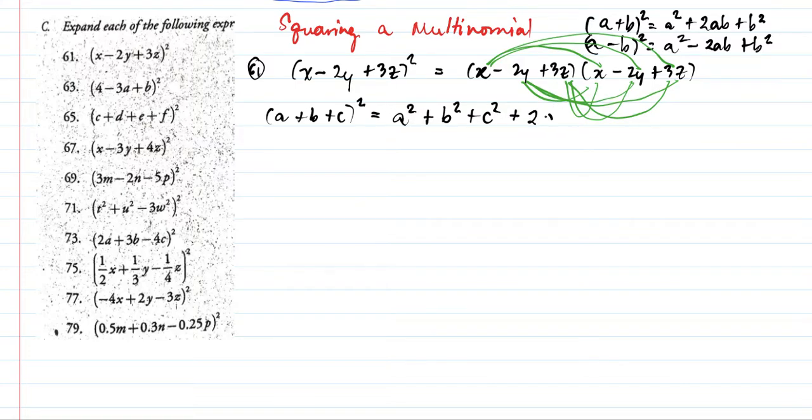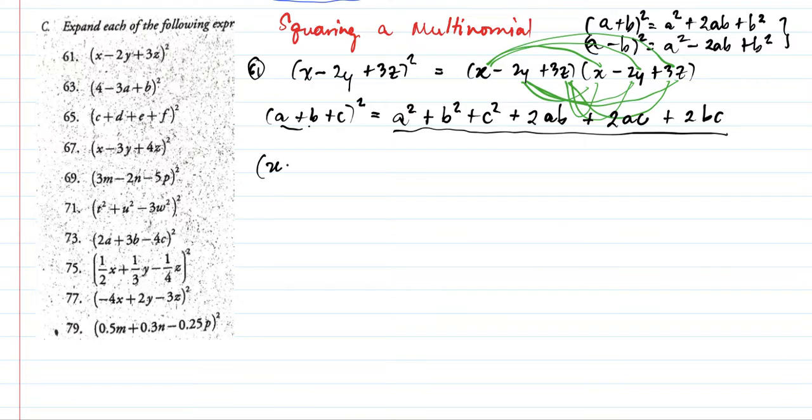So, for example, 2 times AB first, and then twice A and C, plus twice B and C. So all the possible combinations of any 2. Any combination of 2. Okay? So this is what we will follow. Unlike here, where if it's minus, we don't consider the sign of the term. Here we will consider it, because the formula I gave is all plus.